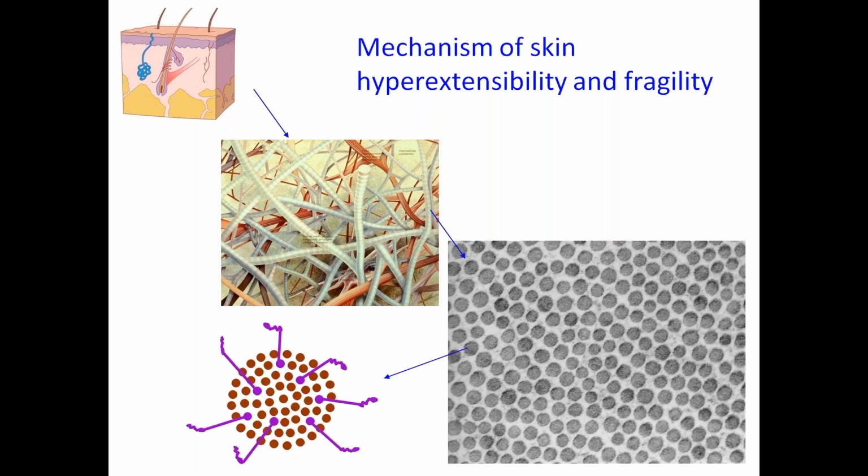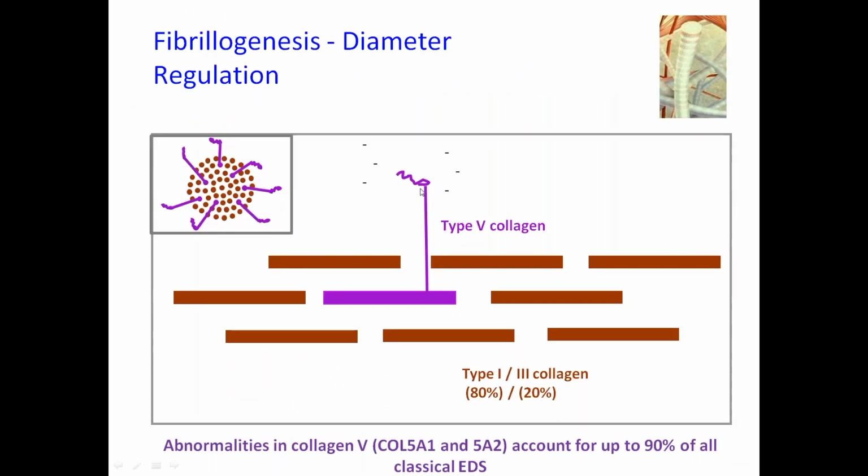And I've just drawn this in a cartoon fashion here to illustrate why we get skin fragility in classical EDS. This is a cartoon showing one of these fibrils made up of little microfibrils which join together, and this is a special type of collagen within it. This collagen is called type 5 collagen.